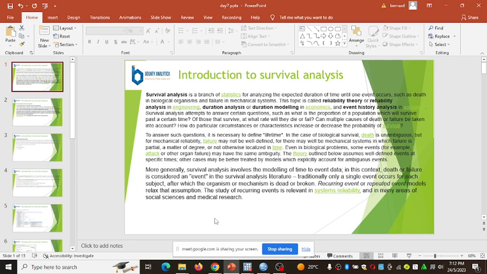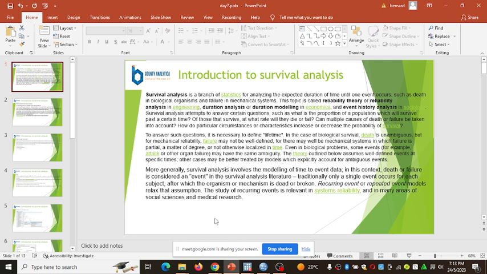So for example, in that case of the unborn child, survival analysis will be used to analyze the expected duration of time, which for our case is 9 months. After 9 months, we expect the birth of the child to occur.